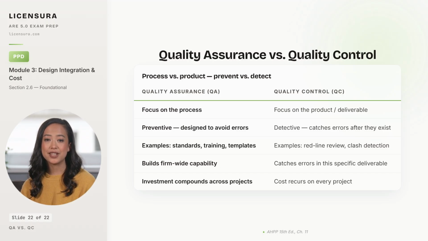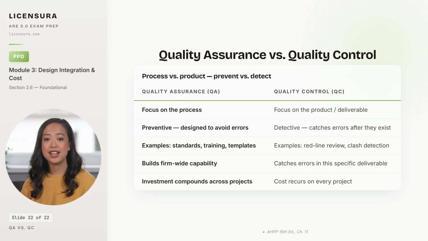QA is preventive, designed to avoid errors by building good habits and good systems into how every project runs. QC is detective, catching errors after they exist in a deliverable. QA examples include firm-wide standards, training programs, drawing templates, and standardized spec sections. QC examples include redline reviews, clash detection runs, and code compliance checklists.